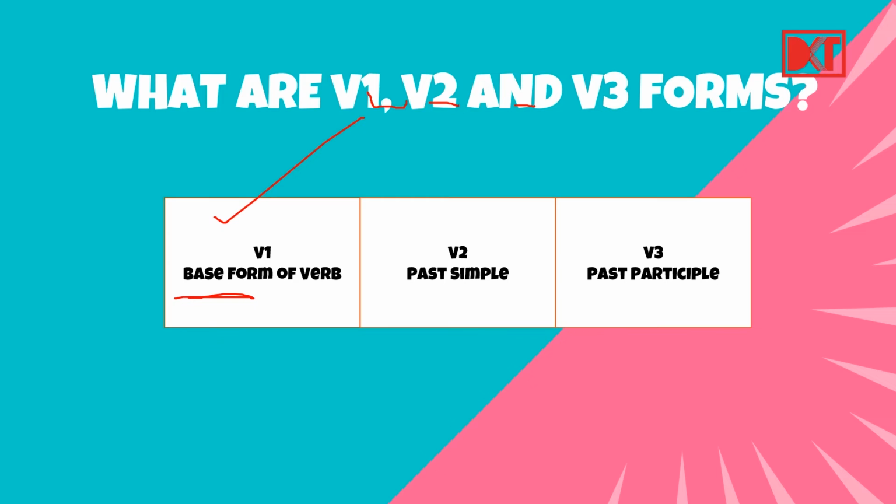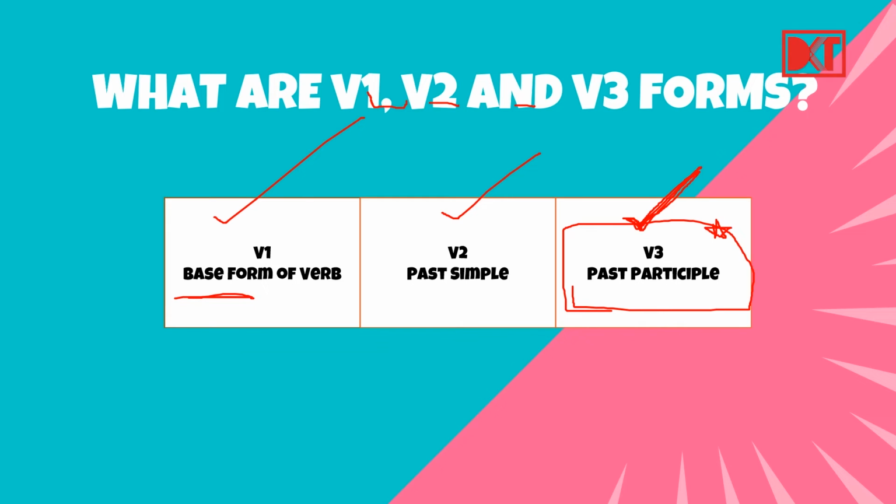Then we have V2, which is past simple, which is formed by adding ed or ied, which we discussed. Then we have past participle. Now this is important. Past participle is used in the perfect forms. So we will be most importantly focusing on this.